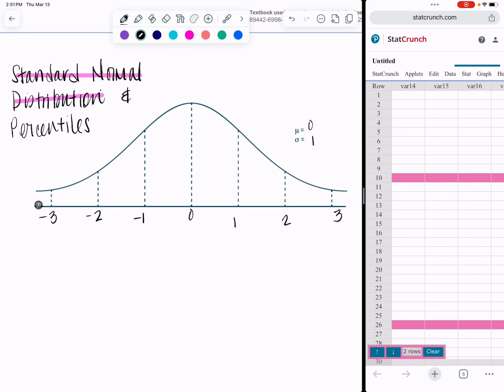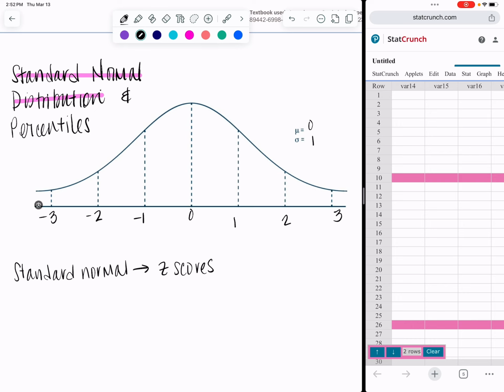So standard normal looks at z-scores. These count standard deviations from the mean.